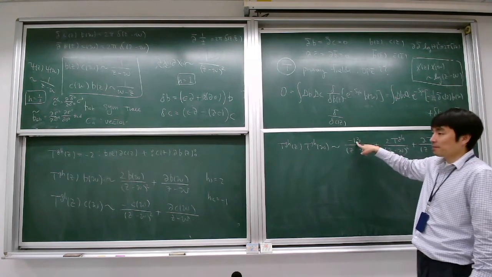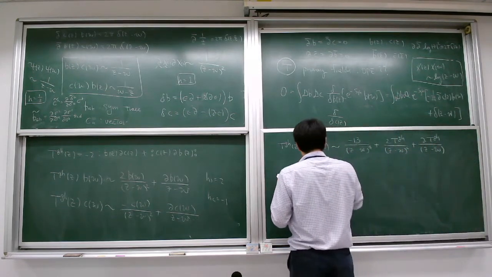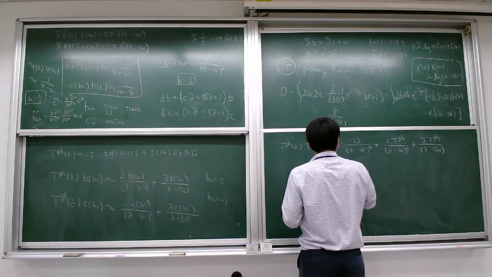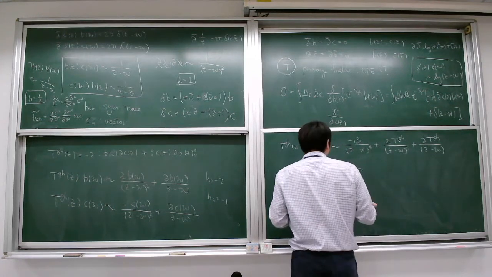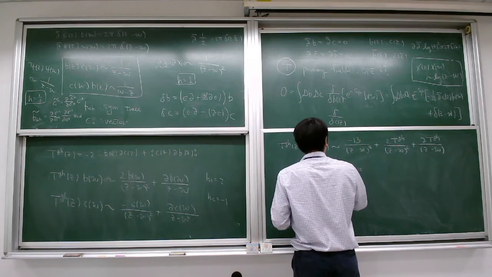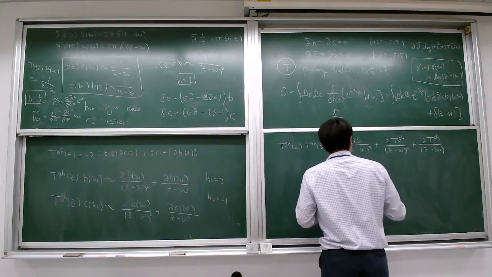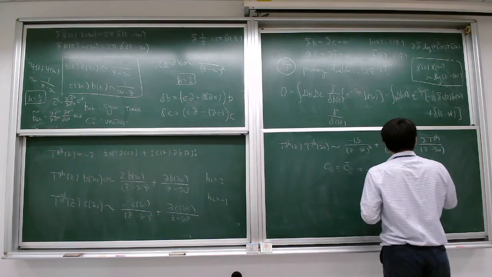So this is how you get the OPE. The C left is equal to the same piece coming from C right, the holomorphic and anti-holomorphic, minus 13. So therefore, C ghost is equal to minus 26.